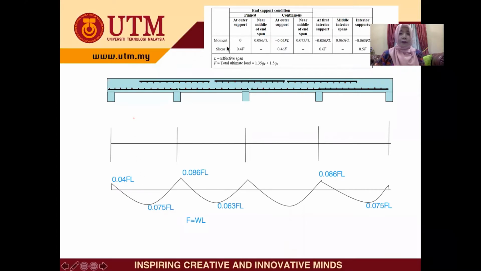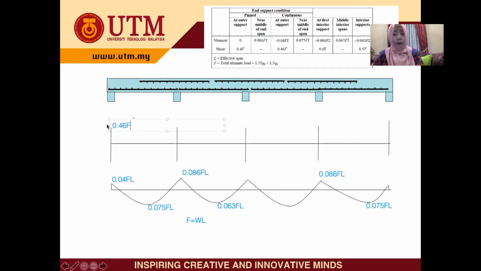The shear force is also different. Here we have 0.46F instead of 0.4F, at the outer support.